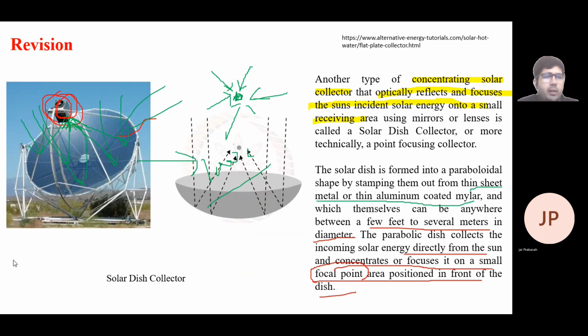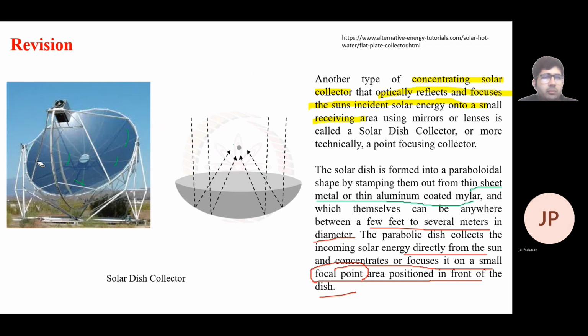So this is a simple diagram. You can see here. Basically this is similar. So these are solar radiation, they are impinging here and directly going this side, again here, this side.